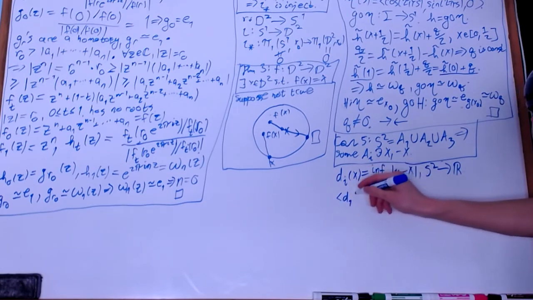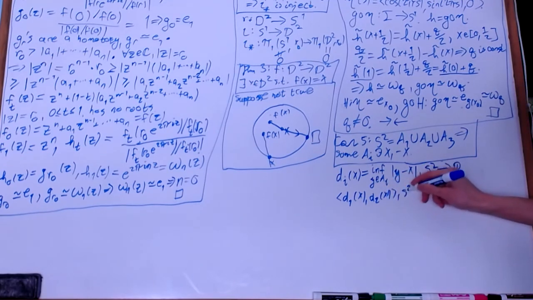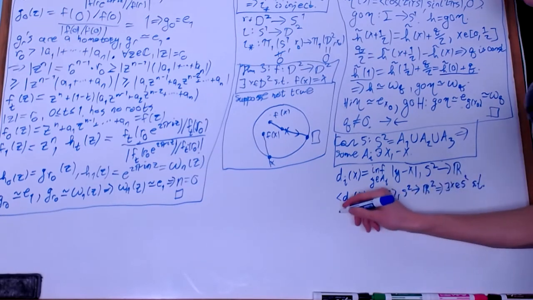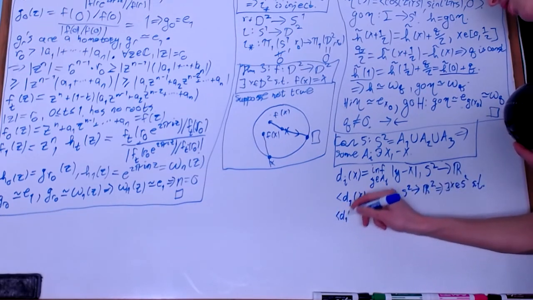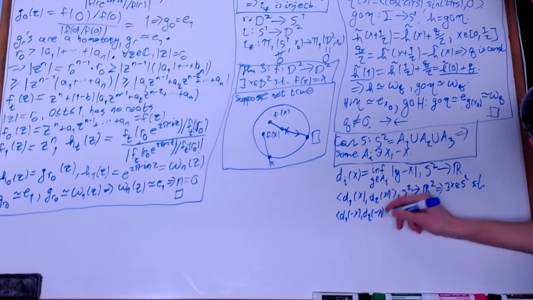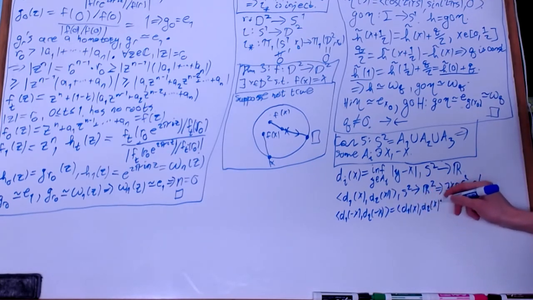And so if I take a pair of maps, d1 of x, d2 of x, this will be a map from S2 to R2, which means that there exists some x, an element of S2, such that d1 of negative x, d2 of negative x is going to be equal to d1 of x, d2 of x.